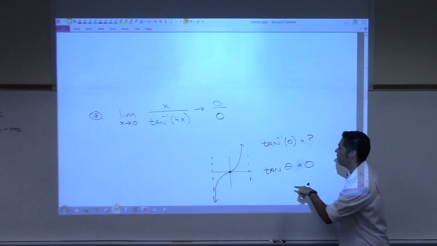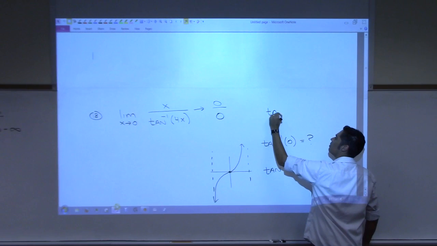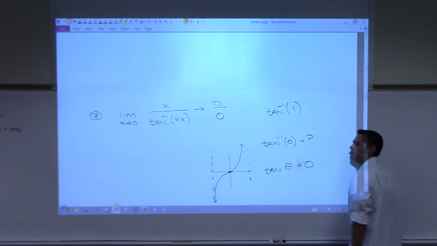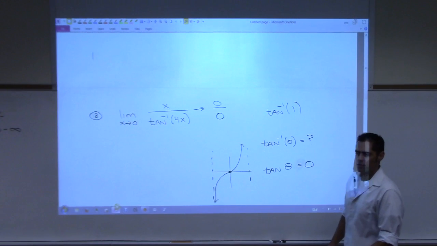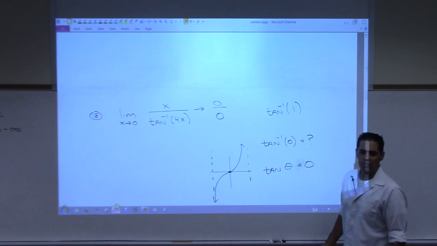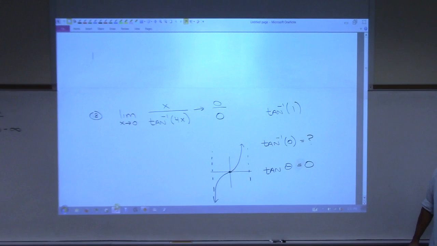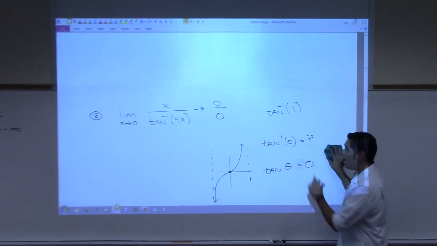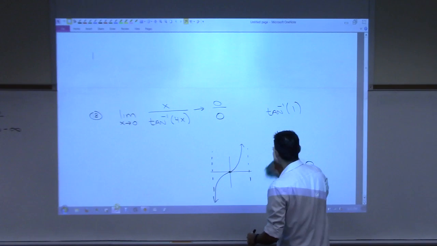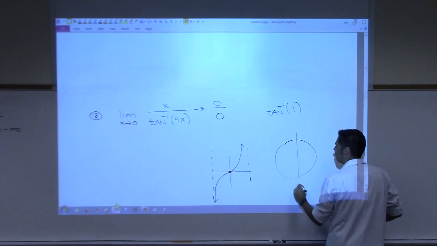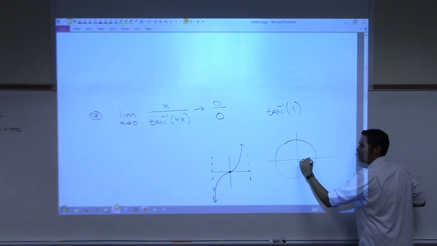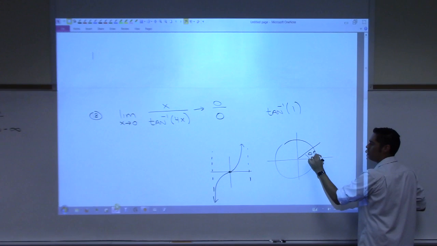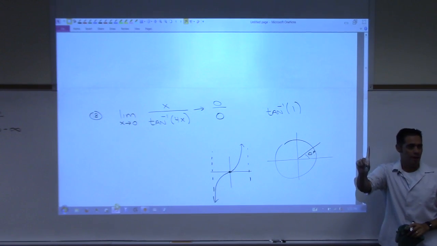Now while we're talking about this, what would arctangent of 1 be? Pi over 4. So this is asking where is your tangent function 1? What angle gives you that? And for that answer, I would not draw that. What I would draw instead is the unit circle and then ask at what angle theta is tangent 1?